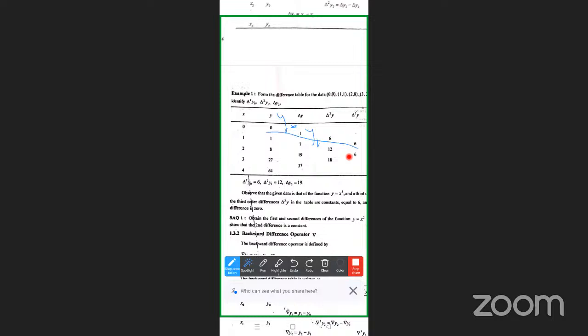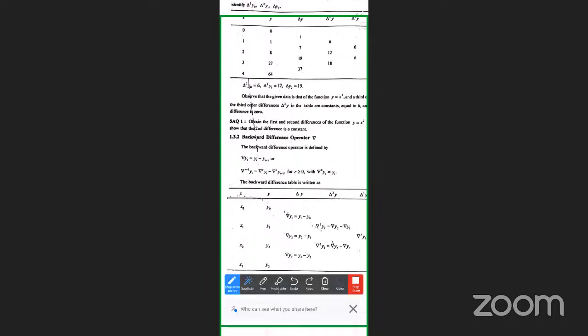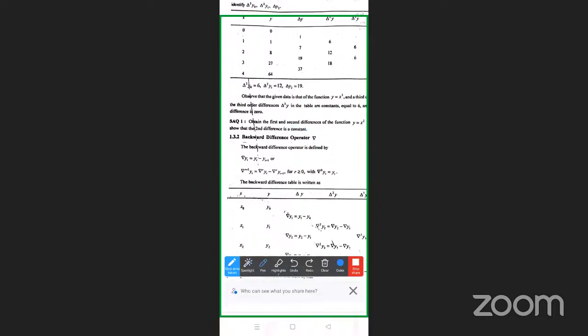So y0 is fixed as the starting term. But in the backward difference operator, indicated by nabla, the formula is nabla yt is equal to yt minus yt minus 1.